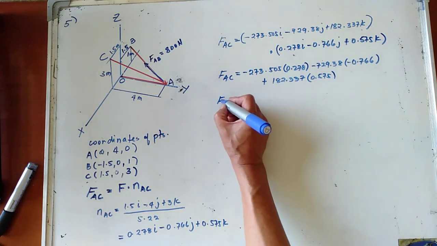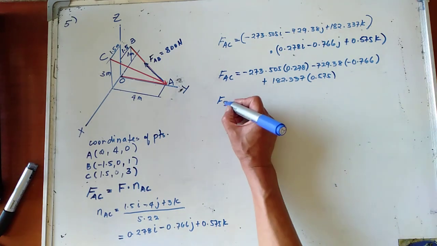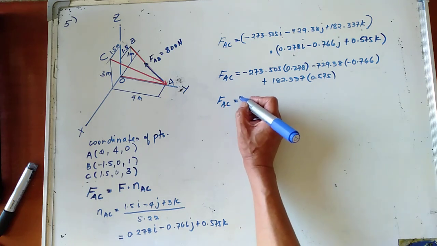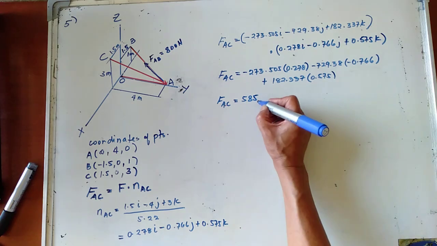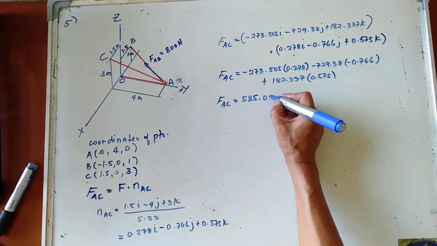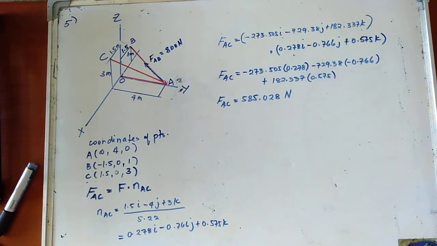So the component of the vector in the direction AB along AC is equal to 585.028 newtons.